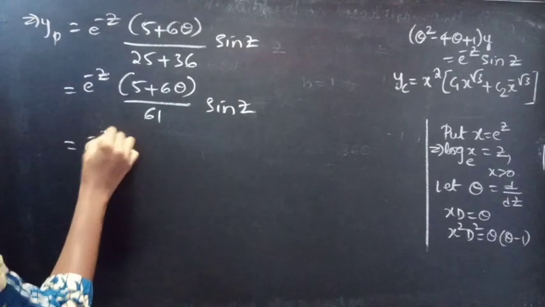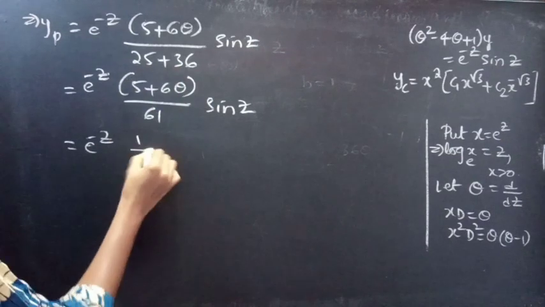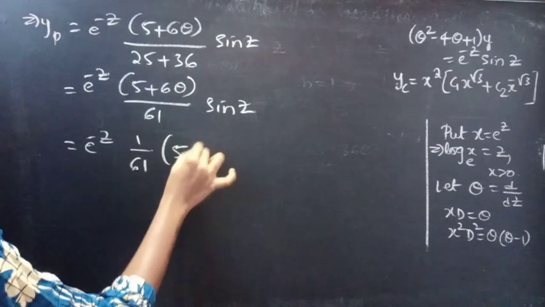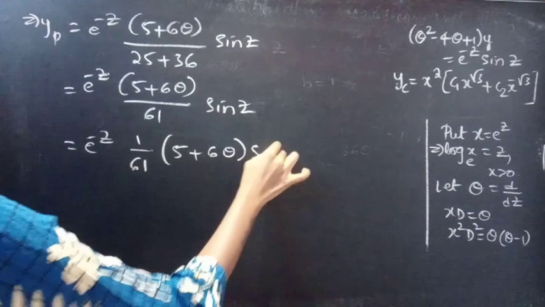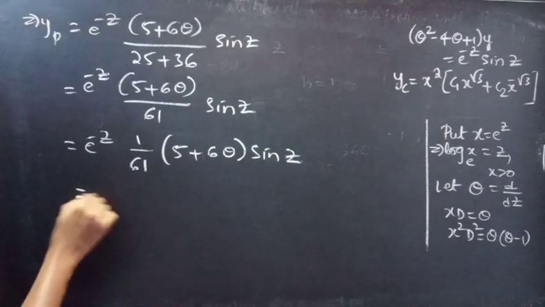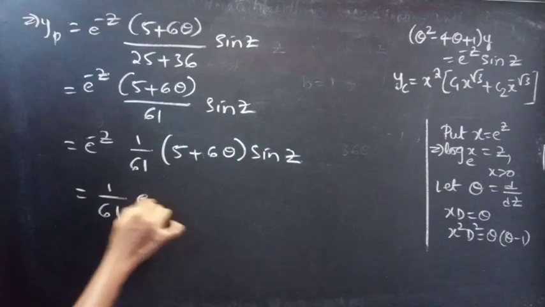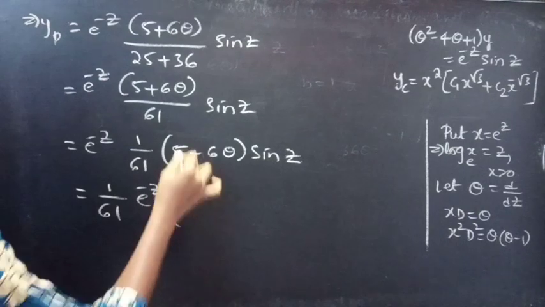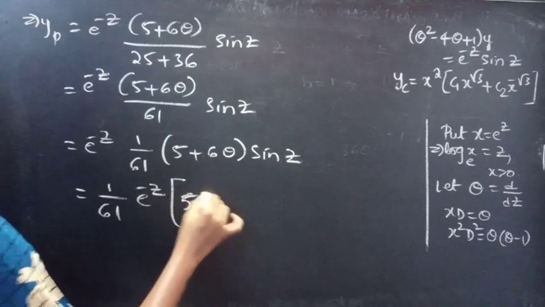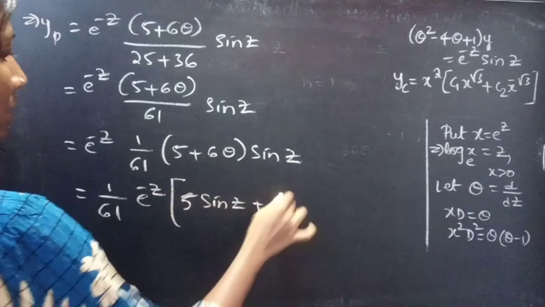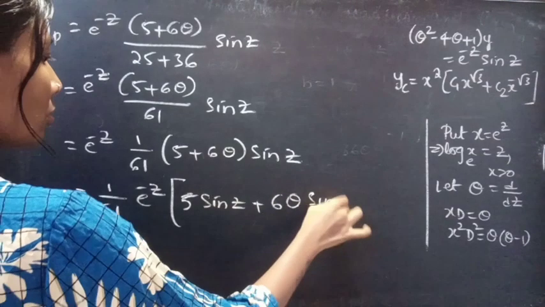Again, we can write this fraction as 1 by 61 into 5 plus 6 theta into sine z, which is equal to 1 by 61 e power minus z into 5 sine z plus 6 theta of sine z.